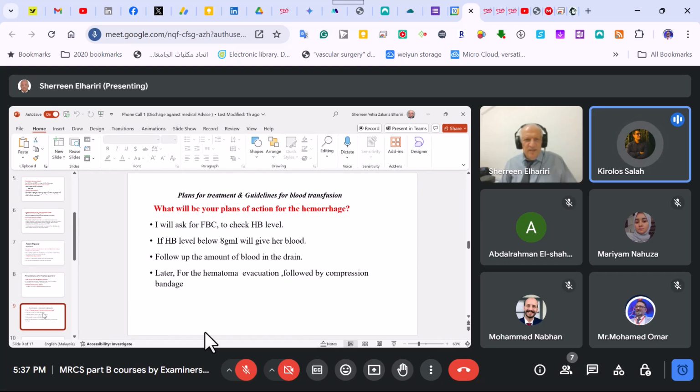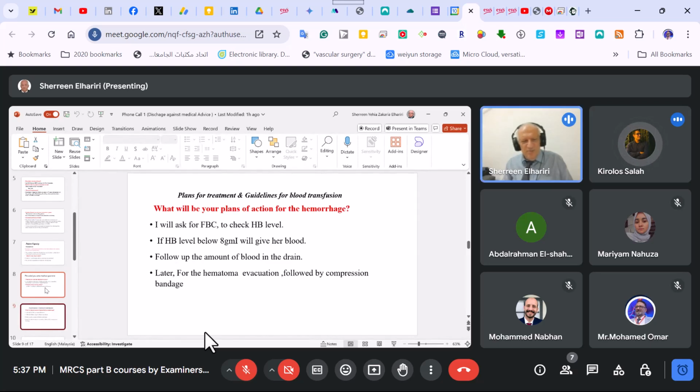Okay, so can you tell me about the hemorrhage? What is your plan for this hemorrhage first? I will support the patient with 2 wide bore cannulas and start a fluid challenge, and after this I will take a blood sample for blood tests.